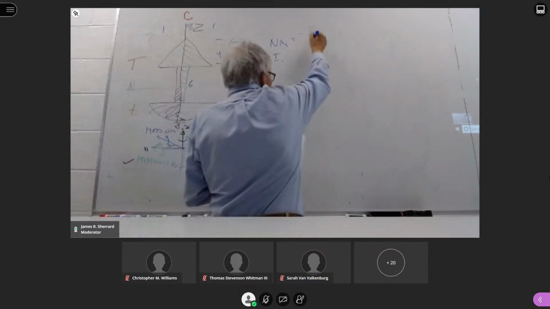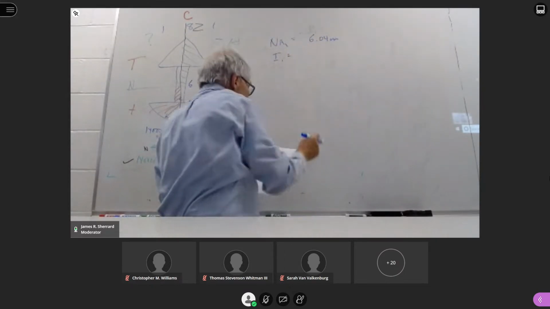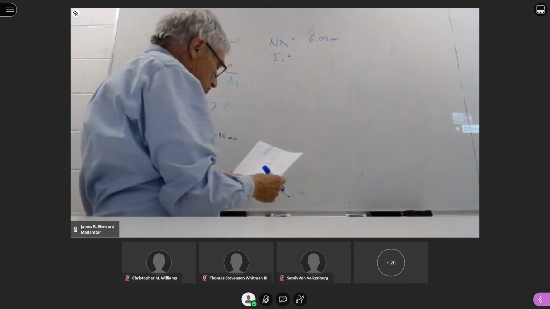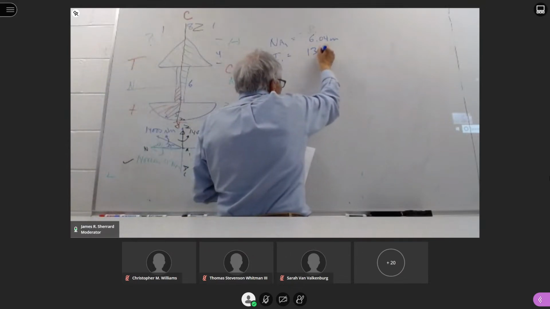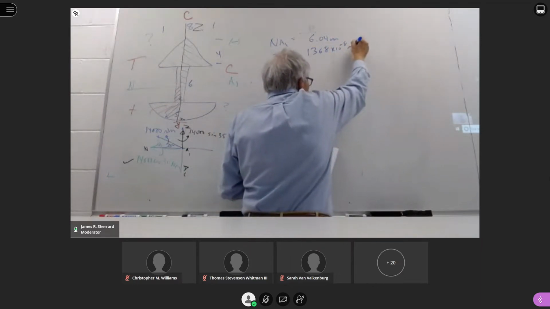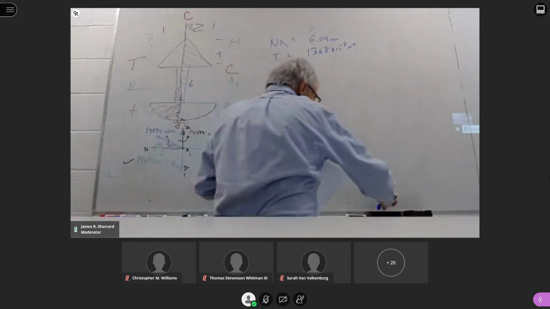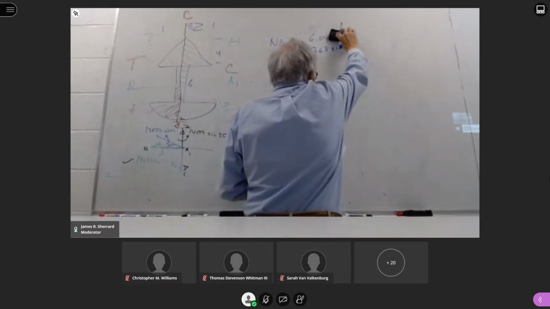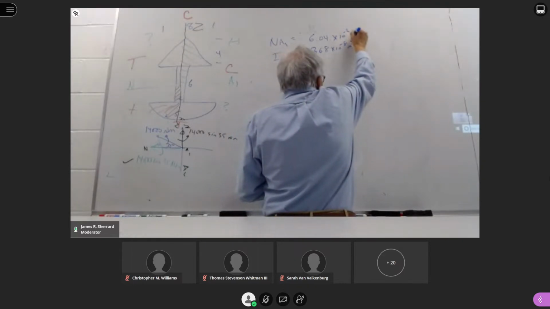We know the neutral axis was 6.04 centimeters, and the rectangular moment of inertia was 1368 times 10 to the minus 8 meters to the fourth. Or if you wanted to be consistent here, I can make this times 10 to the minus 2 meters.